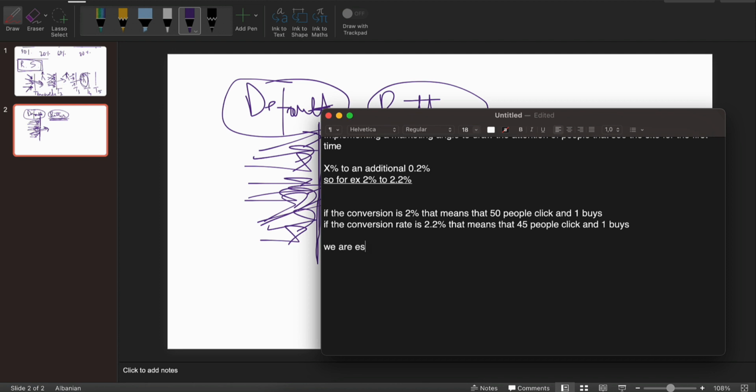So we are essentially saving the cost of 50 minus 45, 5 clicks. If the cost per click is an average of $1, we have essentially saved $5 here.